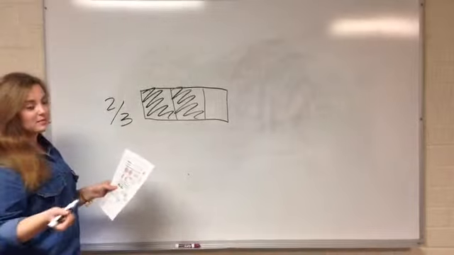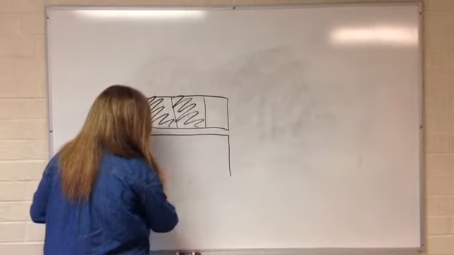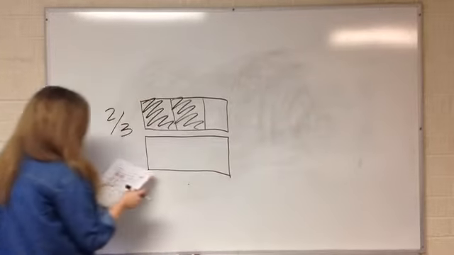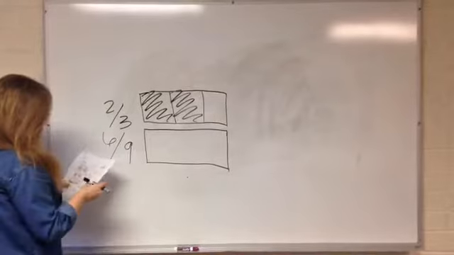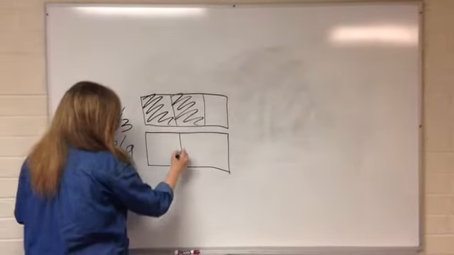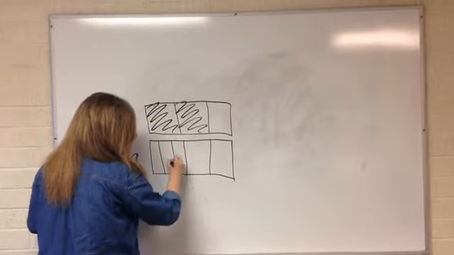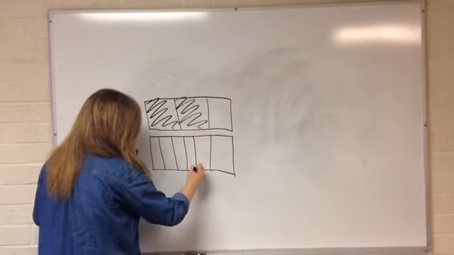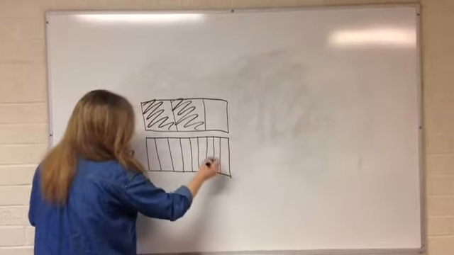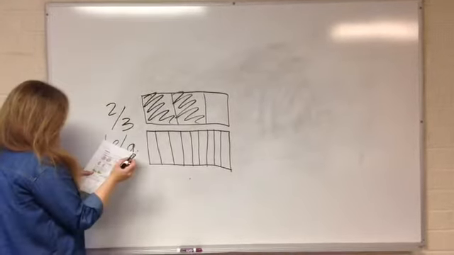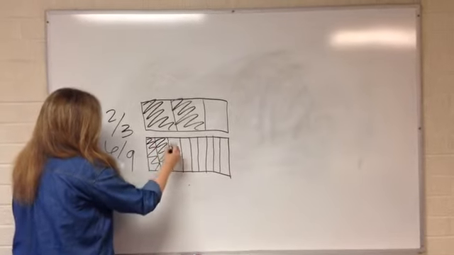Now we're going to take the same size block, but we're going to represent 6/9. And we'll do that by shading in 6 out of the 9 pieces.